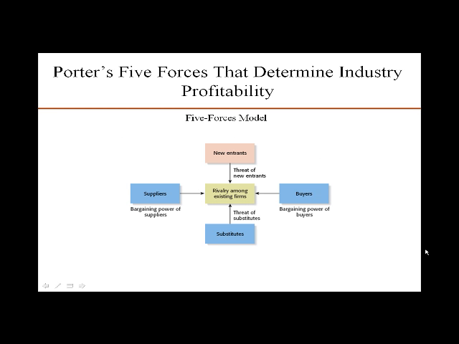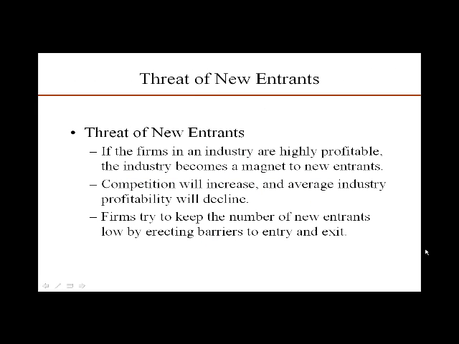Coming back, we're back to the model itself and going to take a look at each of those pieces now. The first thing that we have to talk about is the threat of new entrants. If the industry is highly profitable, lots of people want to get in.